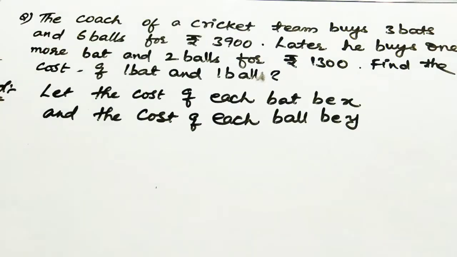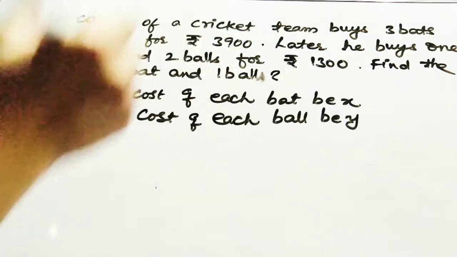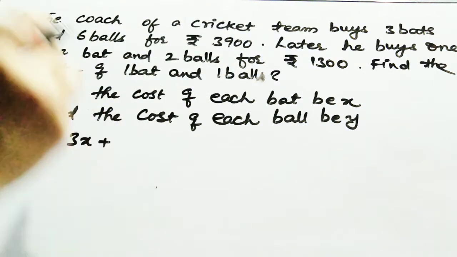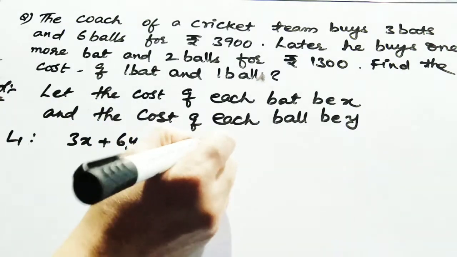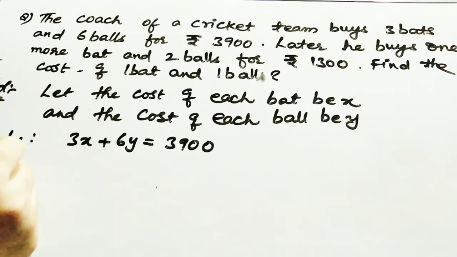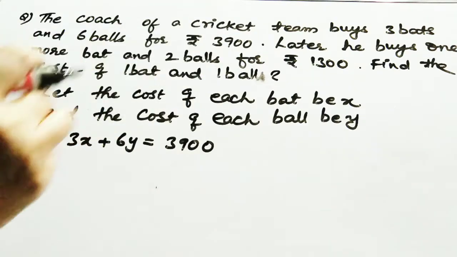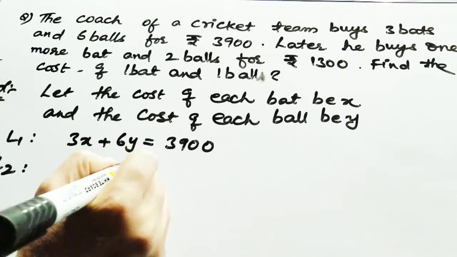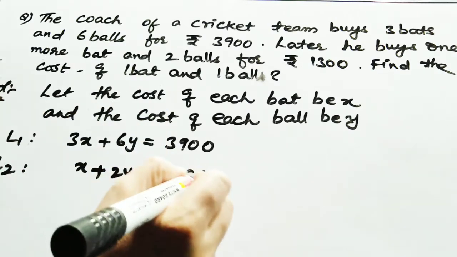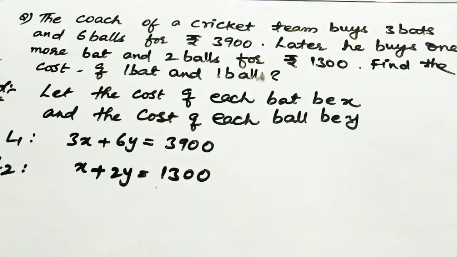So the coach has purchased 3 bats. What is your L1, the first line? 3x, and balls means y, so 6y, is equal to 3900. What is your L2? He buys one more bat, x, and 2 balls, 2y, is equal to 1300.